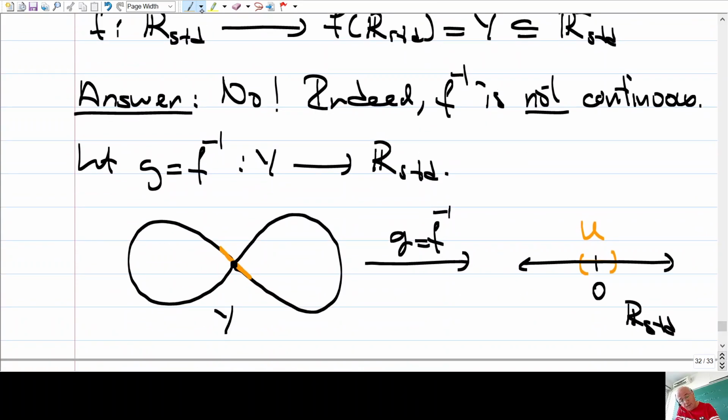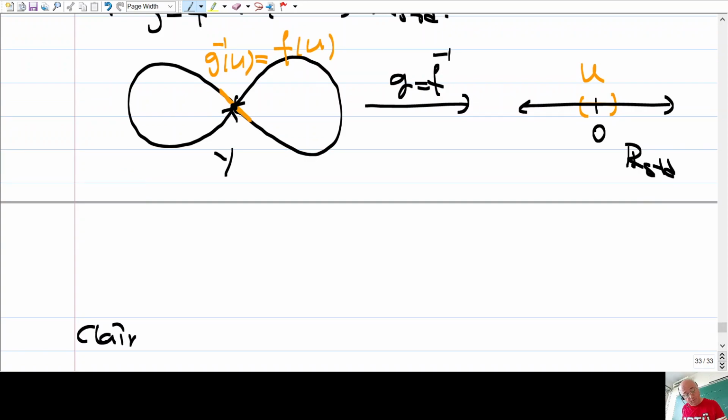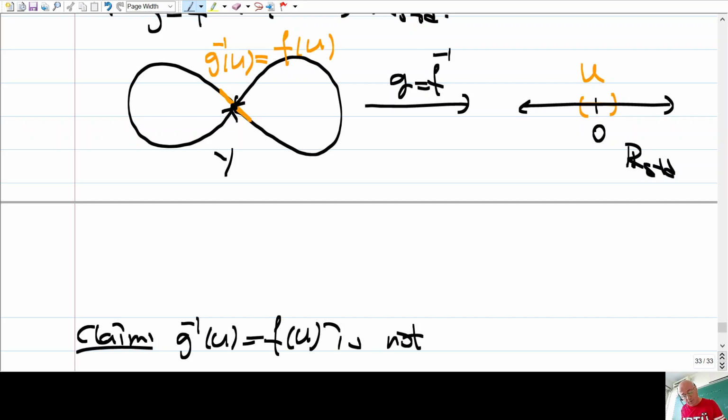So here we have this gadget, so this G inverse of U, which is equal to F of U, nothing else but F of U. Okay, this is not open in Y. So claim: G inverse of U, which is F of U, is not open in the subspace Y. Why is that?